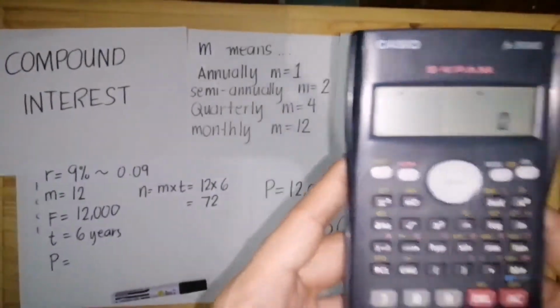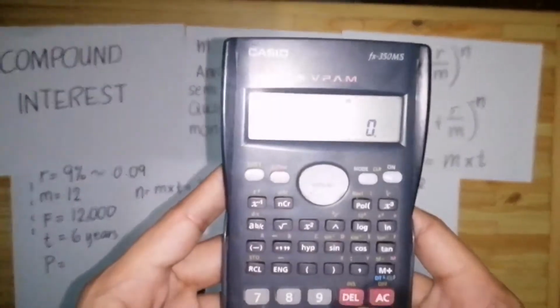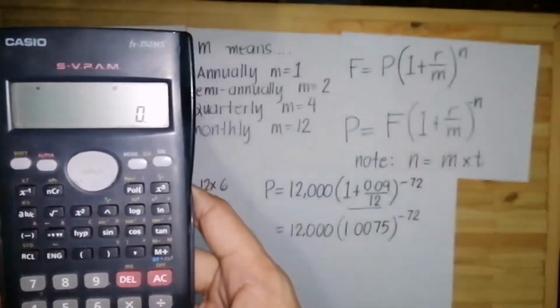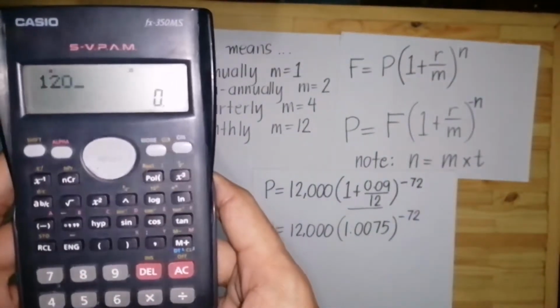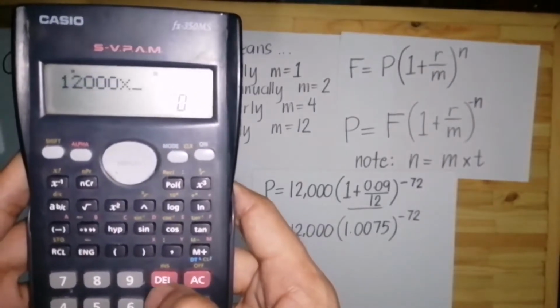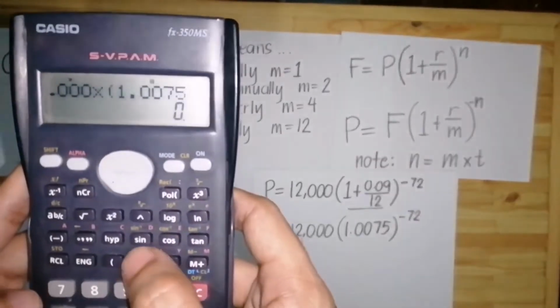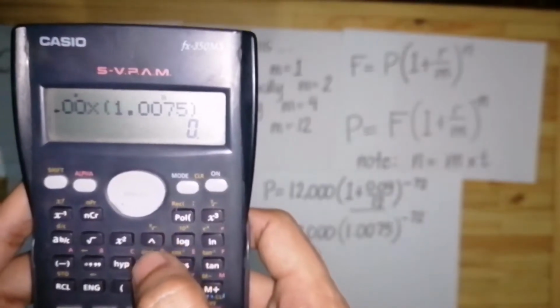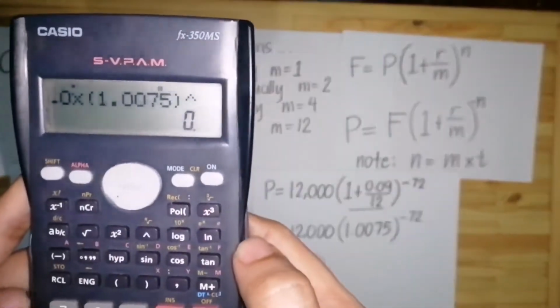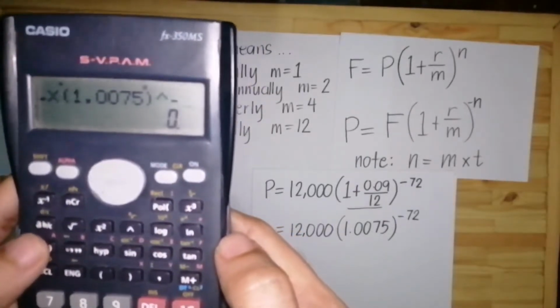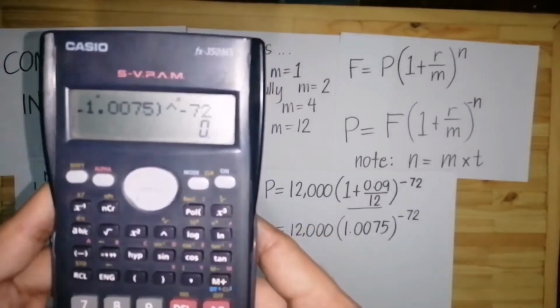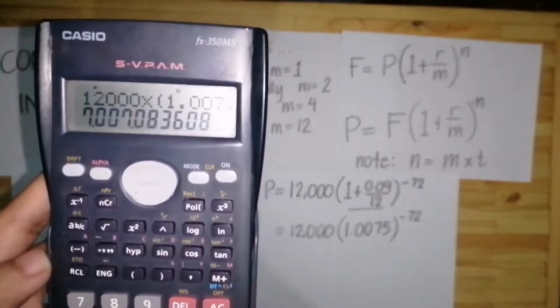So, magiging 12,000 times parenthesis 1.0075 close parenthesis raised to, ito, pindutin natin ito, raised to negative, huwag kalimutan yung negative 72. Okay, then equals.